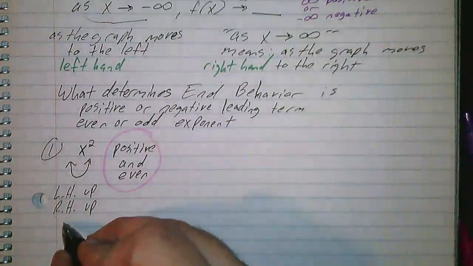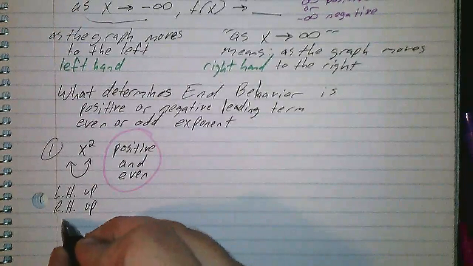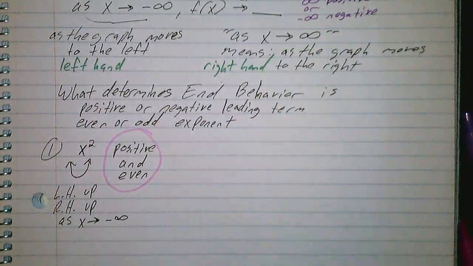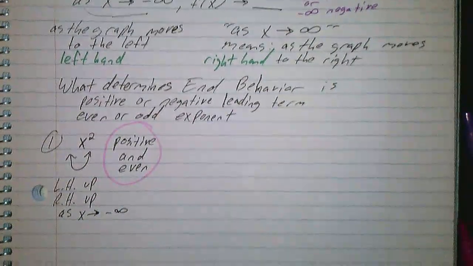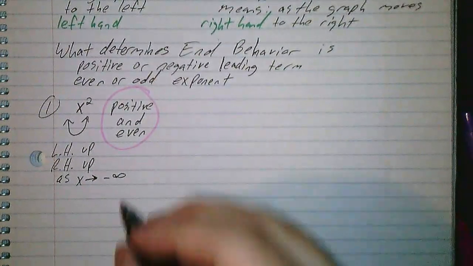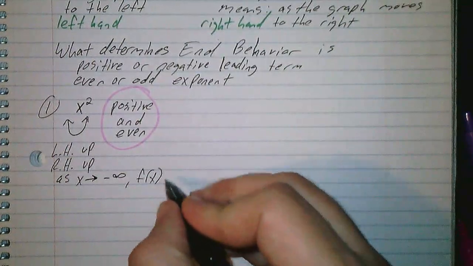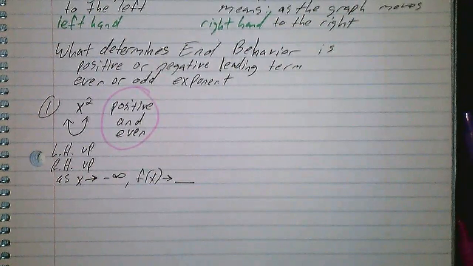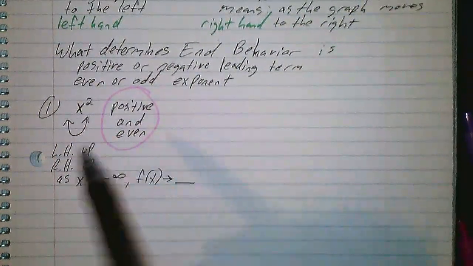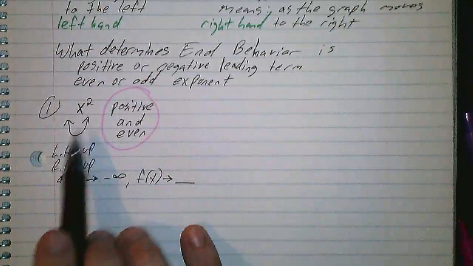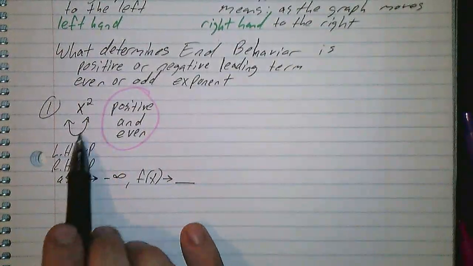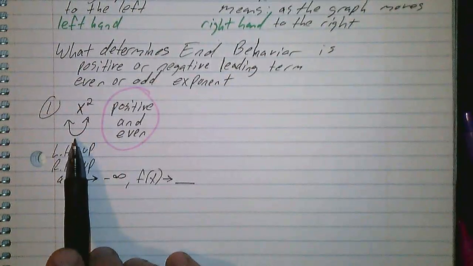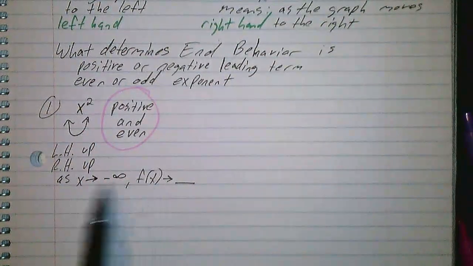So here, the notation that we use is, as x approaches negative infinity, meaning the left-hand side of the graph, f of x approaches, and then you'll be asked to state. It gives it to you in left to right.